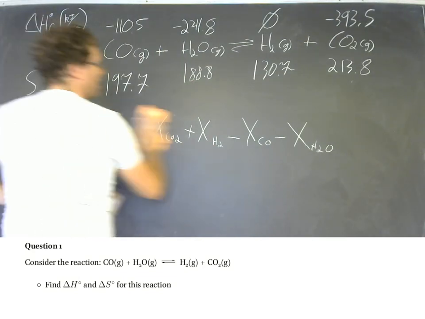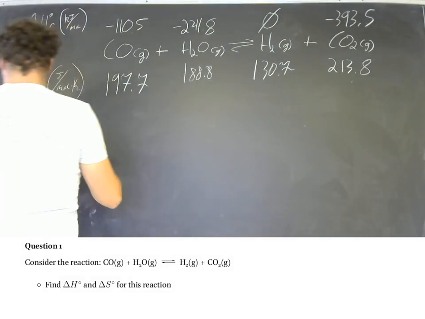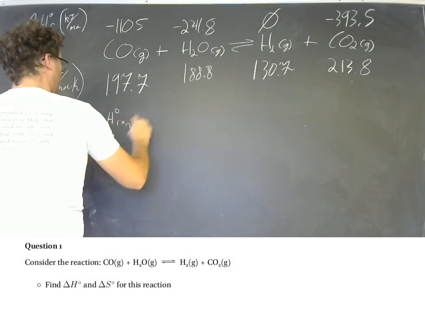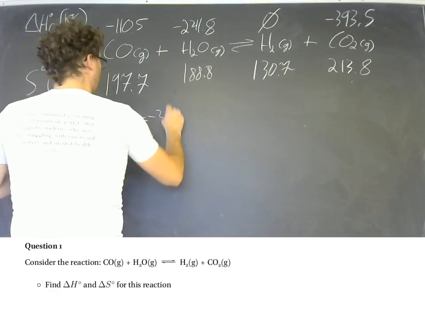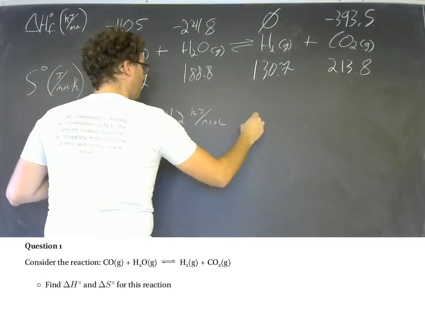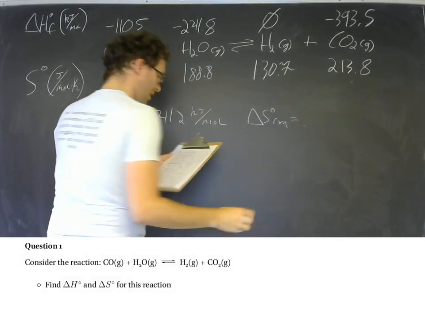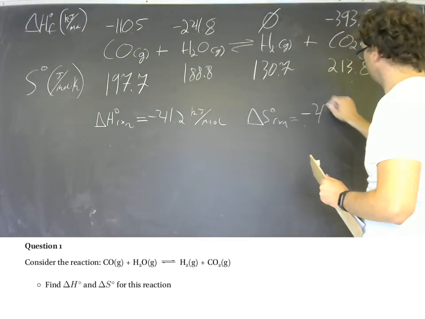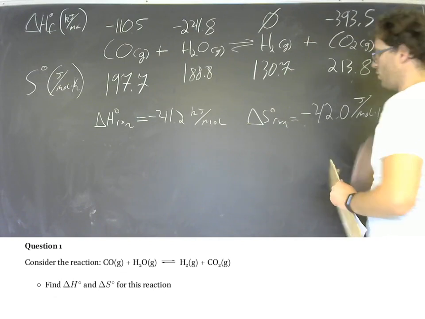And in the end, we get delta H naught of reaction equal to negative 41.2 kilojoules per mole, and we get delta S naught of reaction equal to negative 42.0 joules per mole Kelvin.